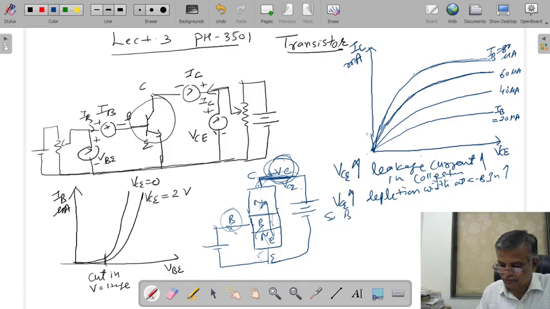So the base width decreases. Due to this reason, IC increases by a small value. So in this discussion, I have discussed why you are getting such a graph, what the reason is. Okay. Now I'll discuss the leakage current.